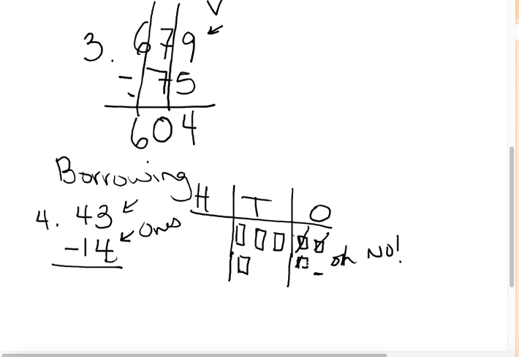What do I do? If I don't have enough ones, I can look at this and say, hey, I can take this 10 and break it up into 10 ones.